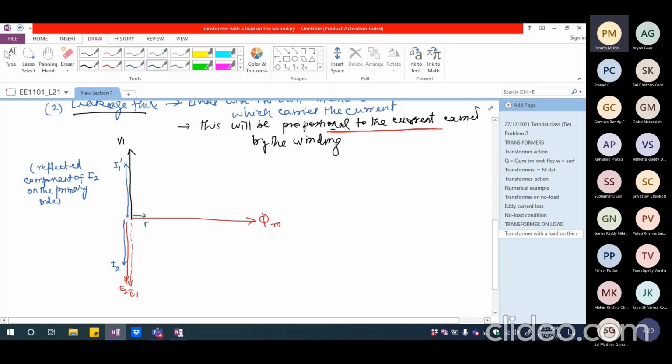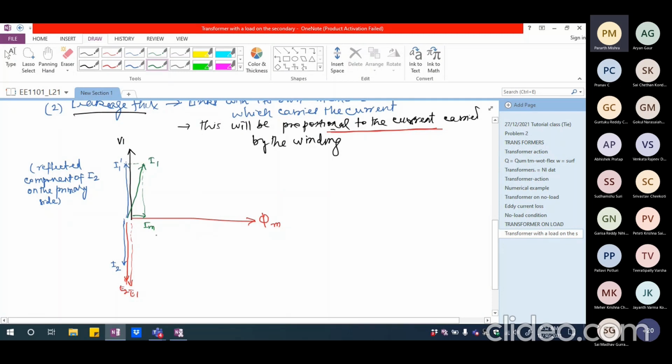This should be IM. This is the magnetizing current which is actually 90 degrees away from the voltage and it is lagging behind by 90 degrees, right? Now this I1 dash and IM, if I add, that is going to be the total current that is carried by the primary winding.